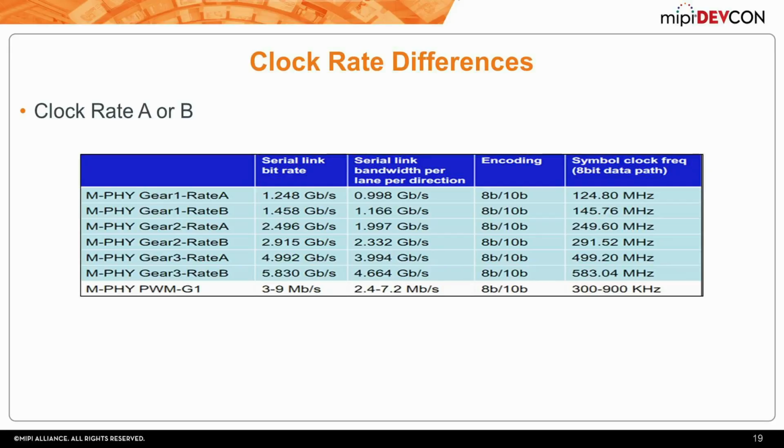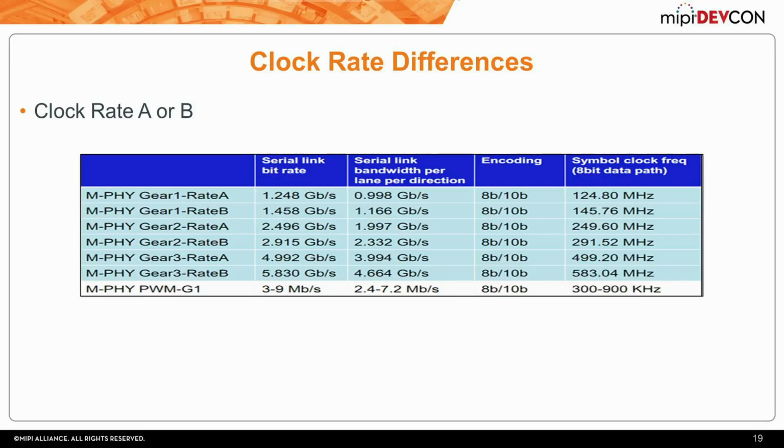So you can see the serial link bit rate is 1.248 gigabit per second for gear 1 rate A. It's 8B10B encoded, so effectively you lose 20% of that. So the 8-bit data path frequency is 124.8 megahertz. And then each of these doubles, so you can see that you've got the 2 rates for gear 1, and then the gear 2 rates are double the gear 1 rates.